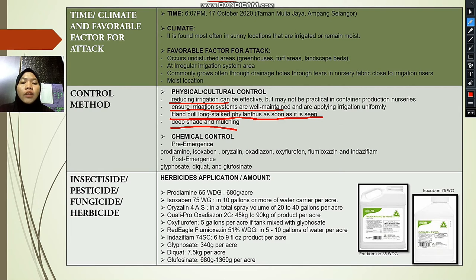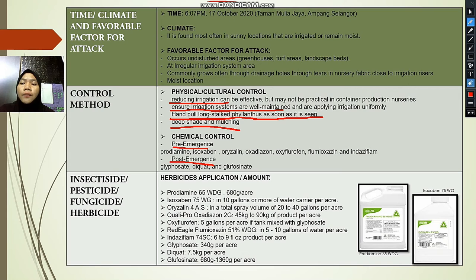And the last one, we can use deep shade and mulching. For chemical control, we have two types: pre-emergence and post-emergence. Pre-emergence means we apply the herbicides before planting the plants, and post-emergence means we apply the herbicides after planting the plants.